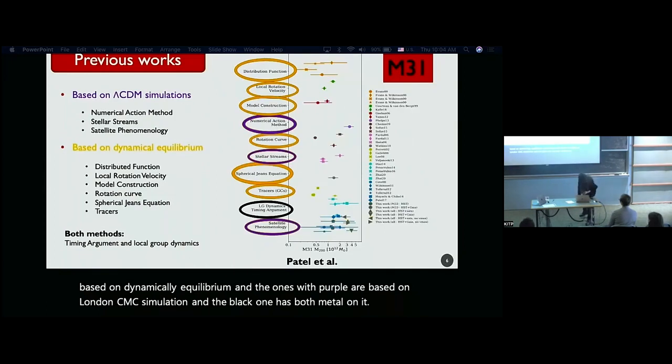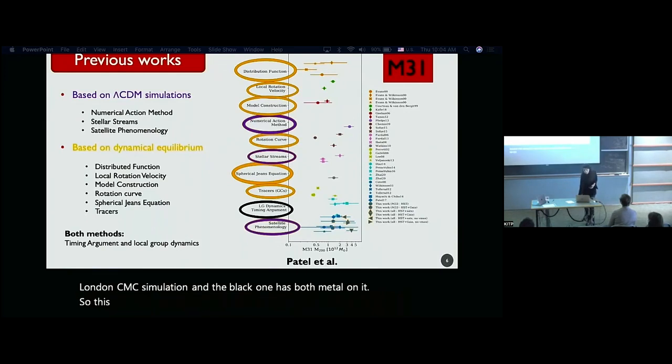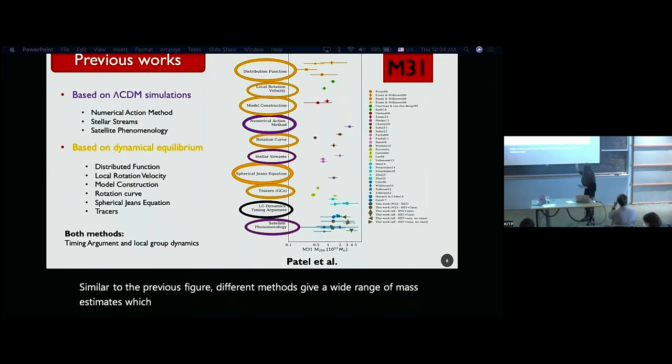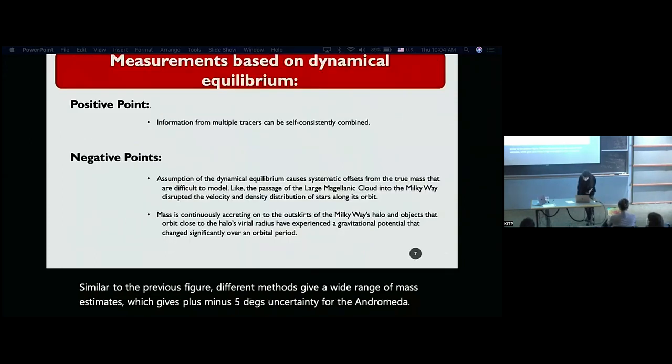This plot is the summary for the Andromeda halo mass measurements, and similar to the previous figure, different methods give a wide range of mass estimates, which gives plus or minus 5 dex uncertainty for Andromeda.